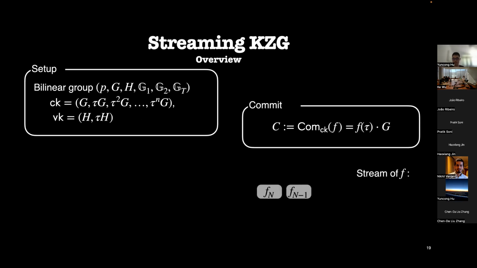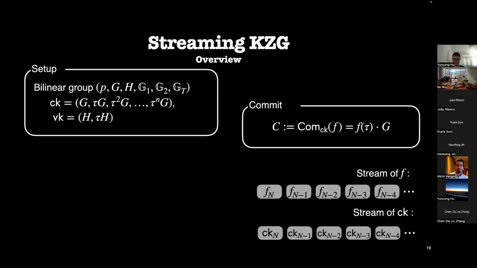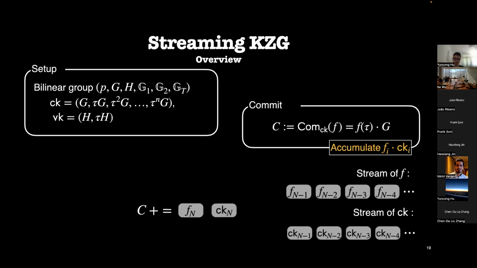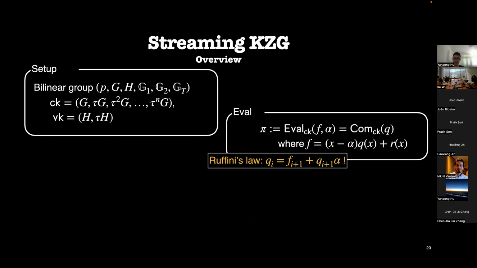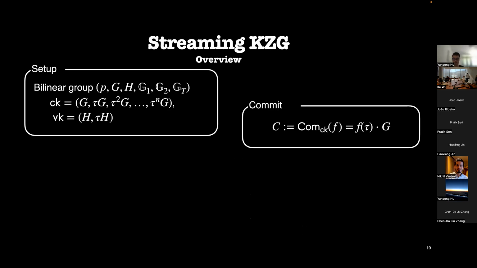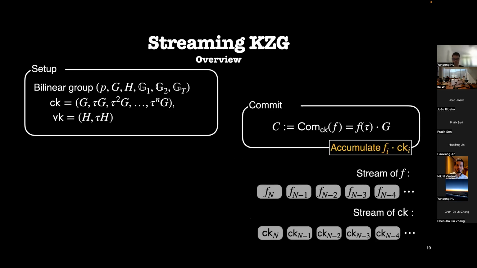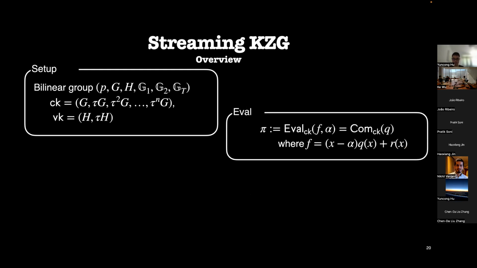To do this in a streaming way, you have the stream of the coefficients and the stream of the committer key, and you just do the multiplication and aggregate, multiplication and aggregate. So it's very easy to compute the commitment, because the multiscalar multiplication itself is already stream friendly.